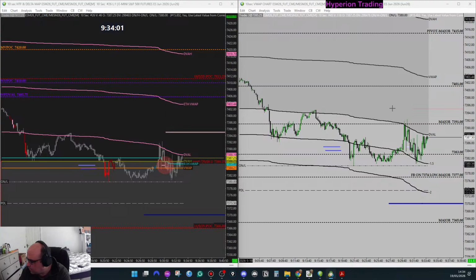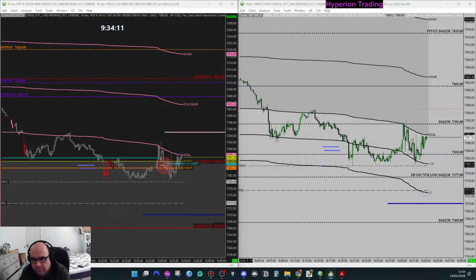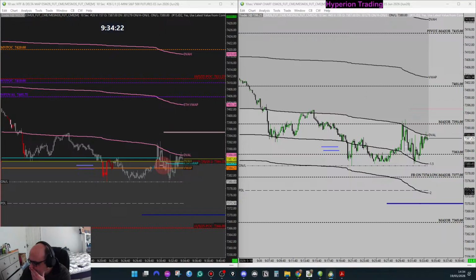We see the buyers are not letting price come and test the lows, which should be the usual thing to do. We see the DVA low holds for the moment.